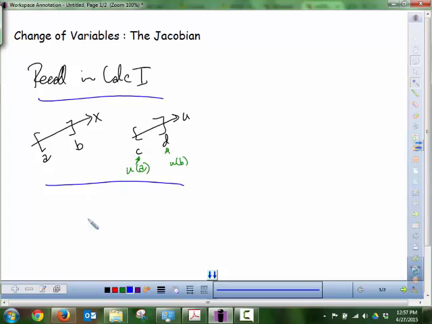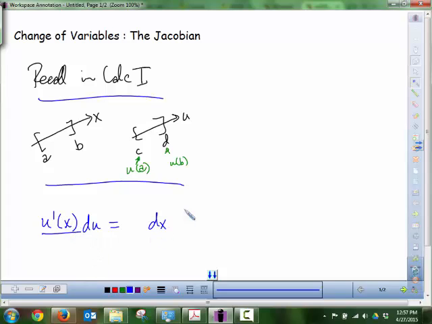The other thing that happens is that your dx is going to have to be replaced also. So I think our dx changes into something, u prime of x du.